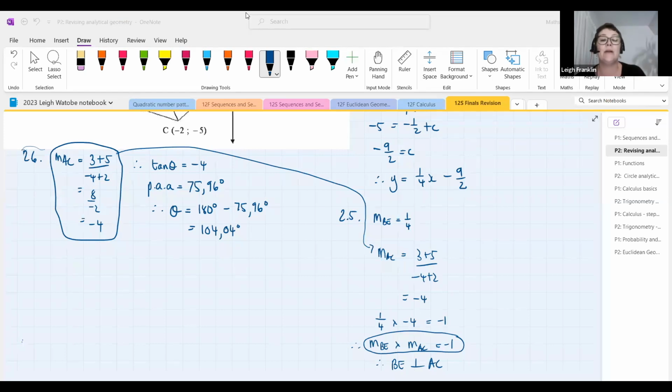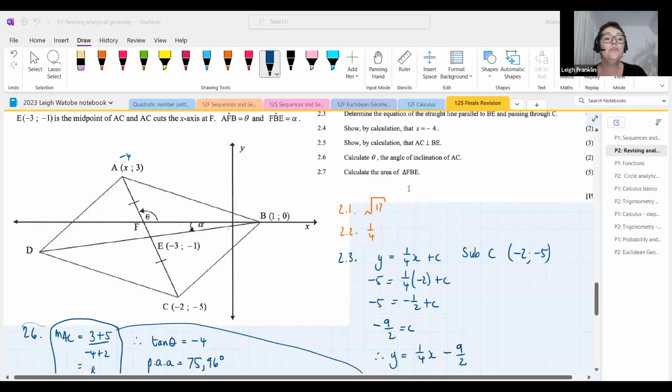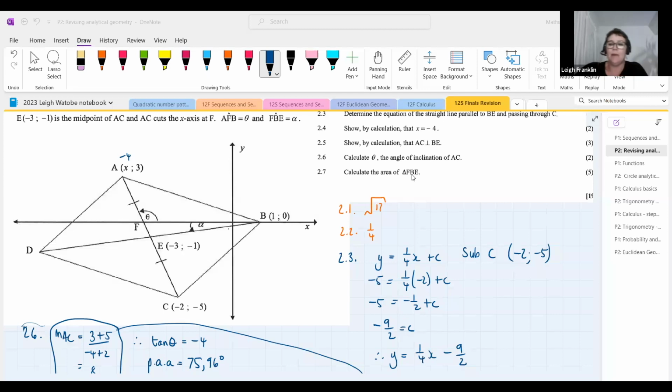All right, so in 2.7, calculating the area of triangle FBE, we're going to go a little bit over our lesson, but let me just do this with you. This is the way, yes, numbers before the letters, quite right, Zechofatso. This is how I think I would answer this question. You could use the area rule as well.